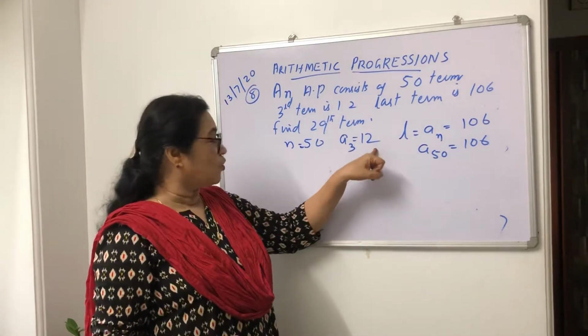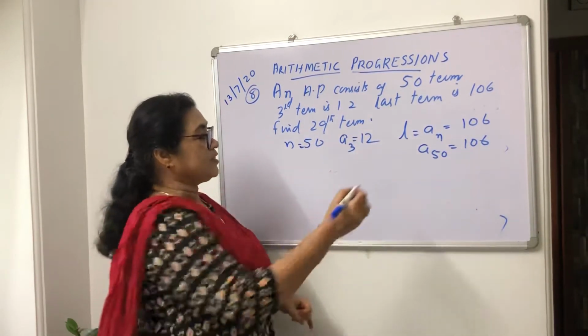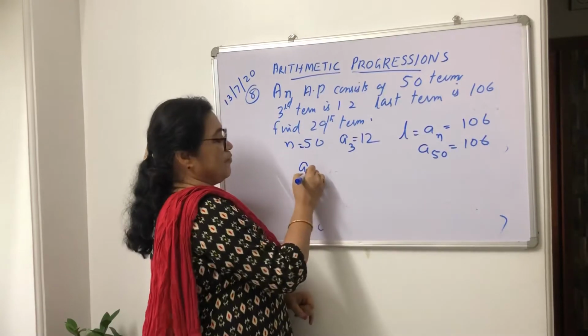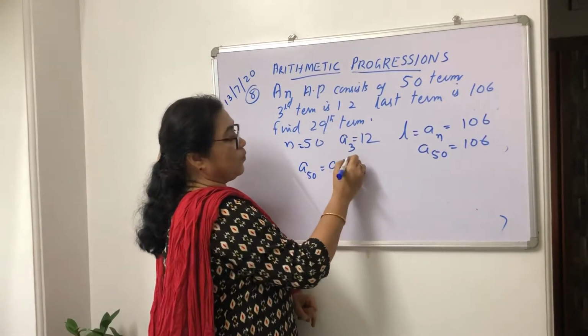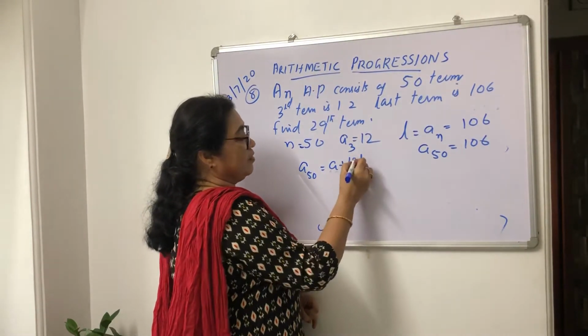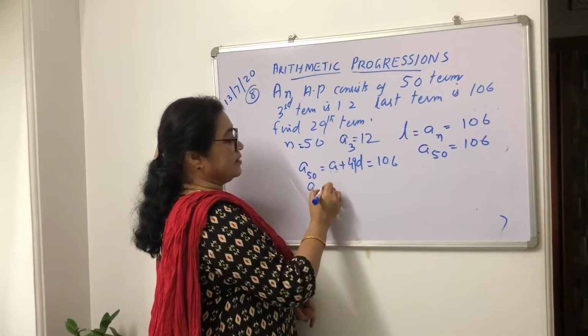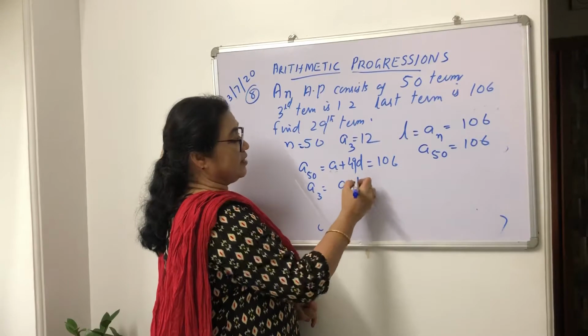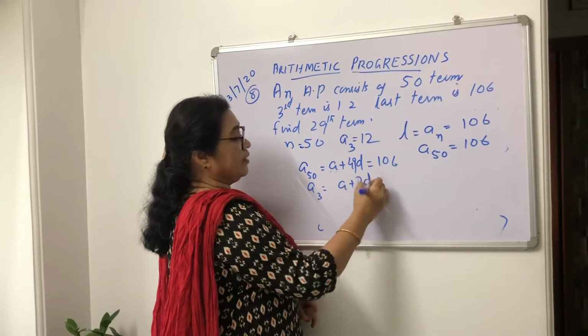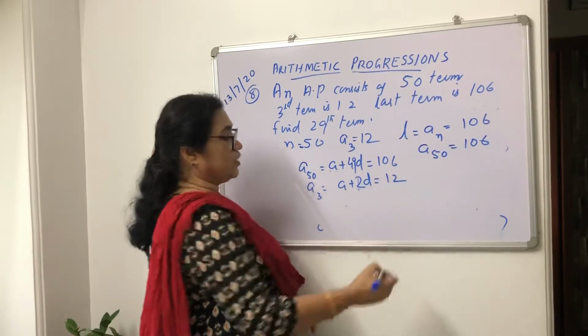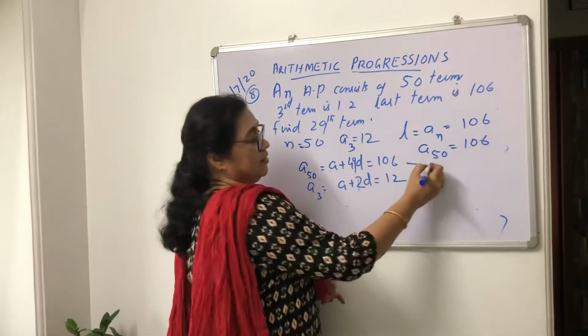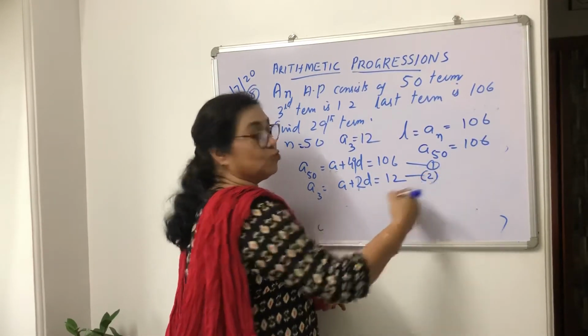Third term is 12. So now what is A50? A50 is A plus 49D, that is 106. A3 is A plus 2D, that is equal to 12. So these are the two equations, equation 1 and equation 2.